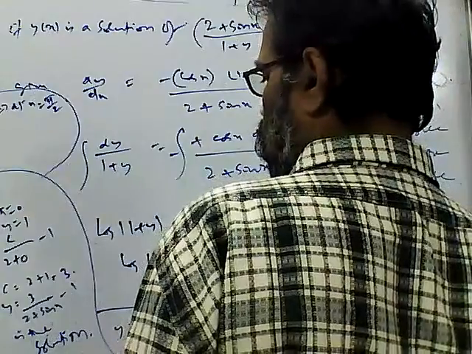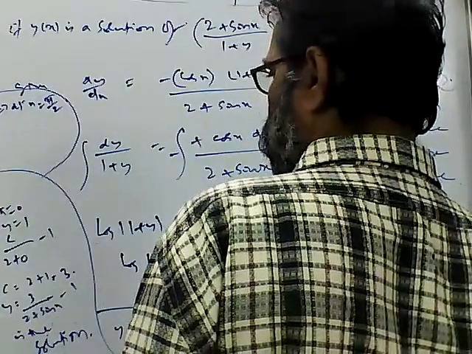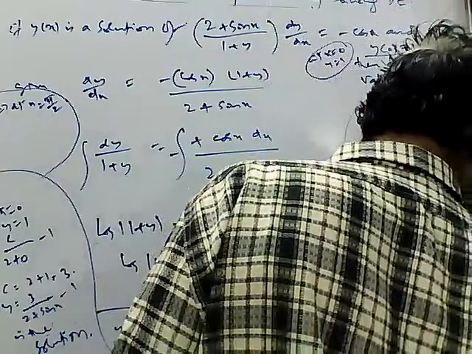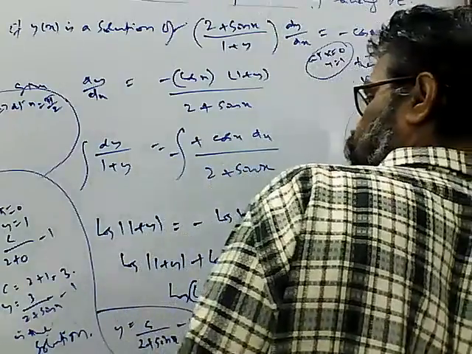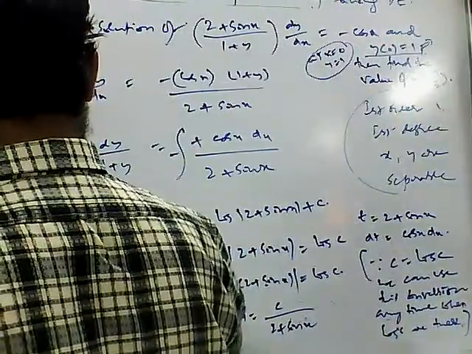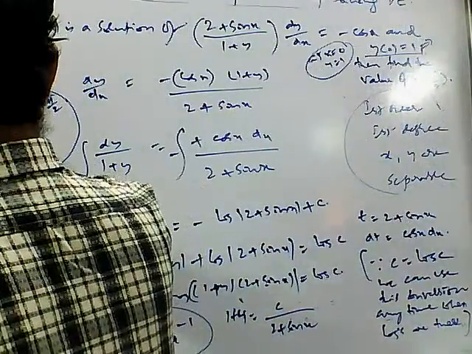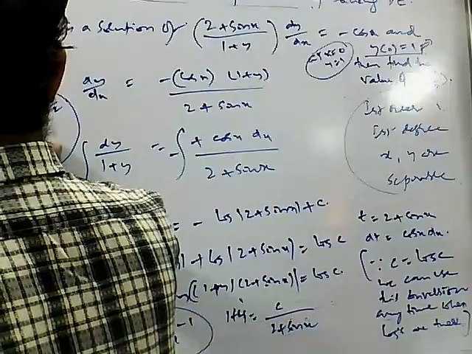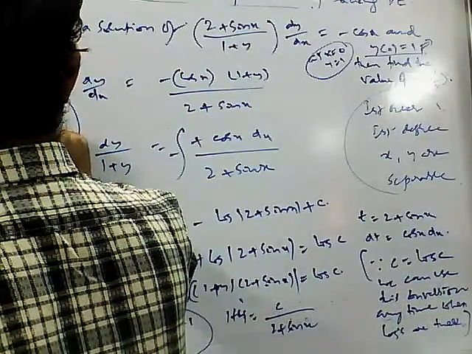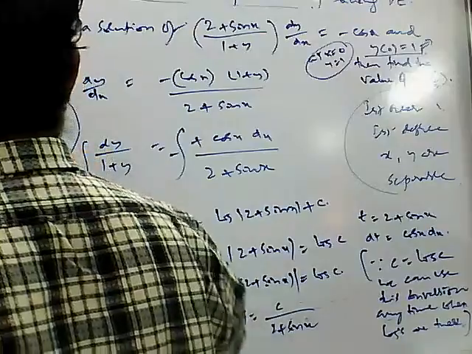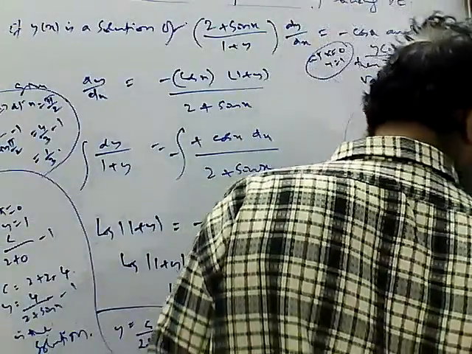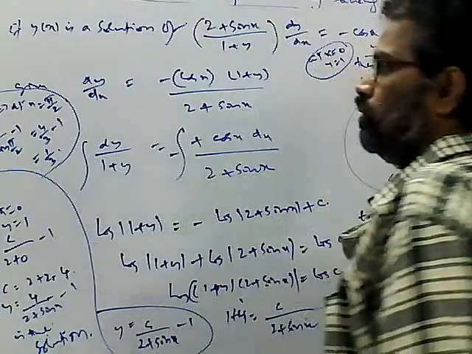Then 3 by 2 plus sin pi by 2 minus 1, that is 3 by 3 minus 1, which is equal to 1 by 3... sorry, 2 plus 1 is 3, so y is equal to 3 by 3 minus 1.